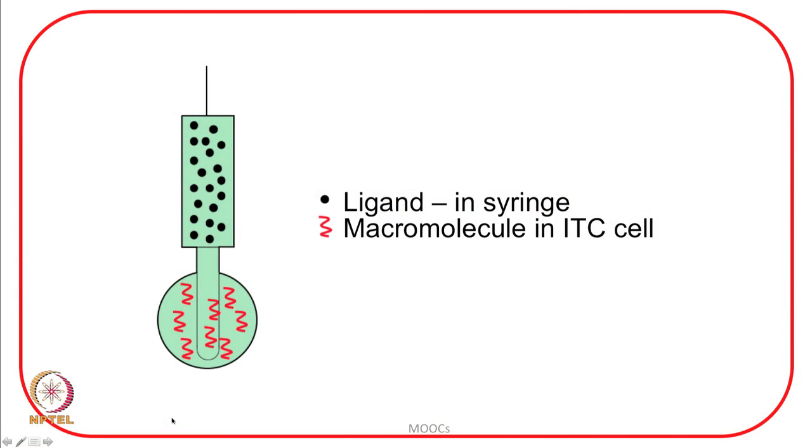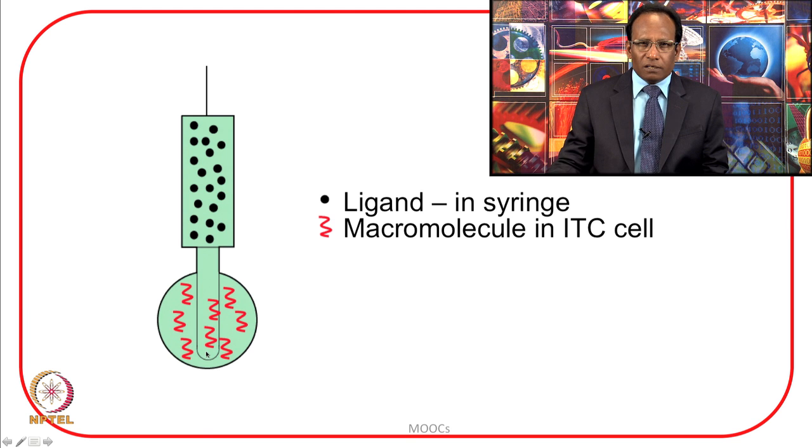Now, let us concentrate on the sample cell. Consider this as the sample cell in which the red moieties are the macromolecule in the ITC cell, and this is the injection assembly, and these black circles are ligand molecules in the syringe.